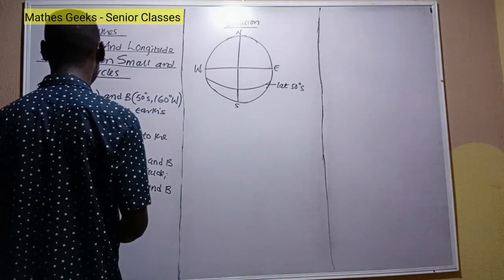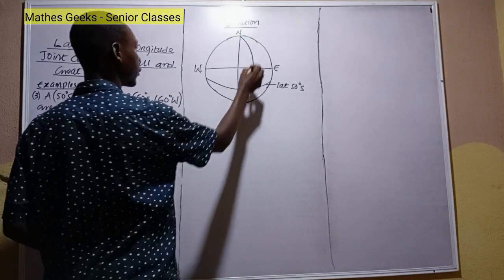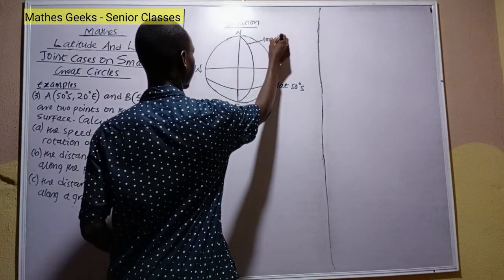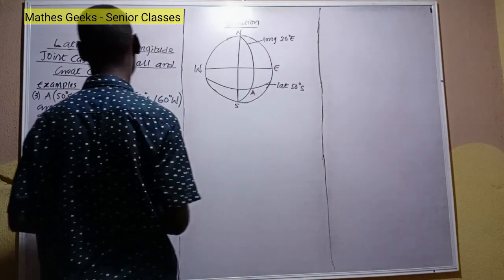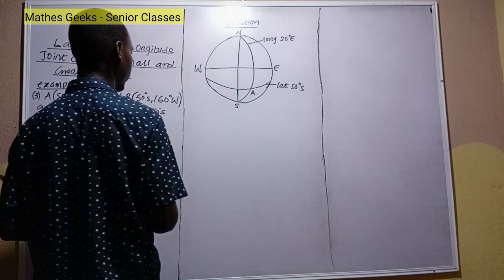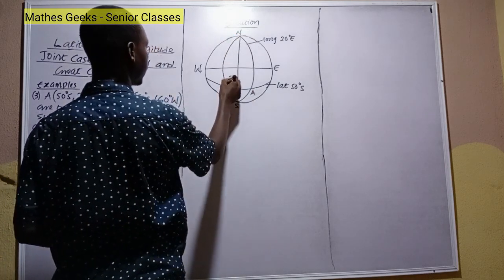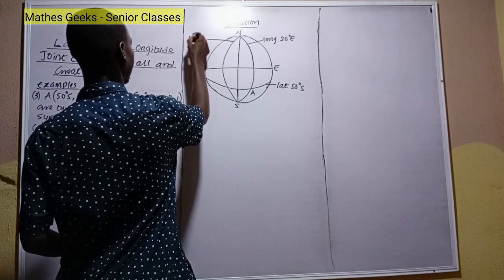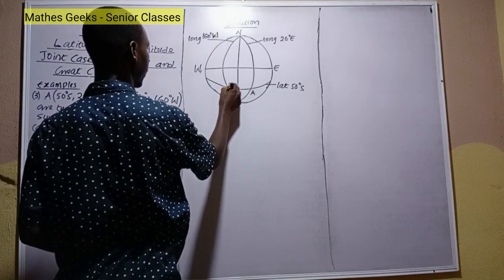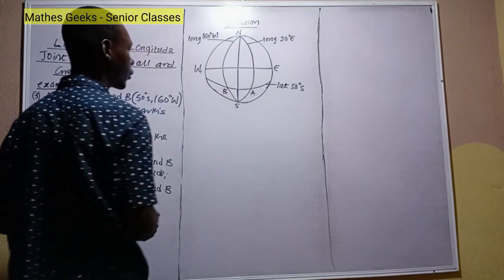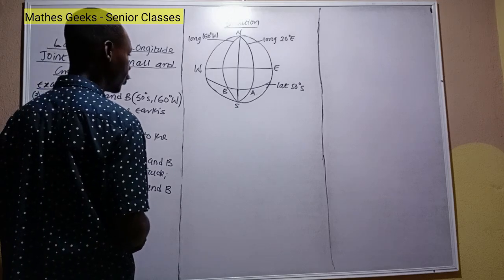And then to point A, 20 degrees east. Longitude 20 degrees east. So this is point A. Then point B, 50 degrees south, 160 degrees west. Longitude 160 degrees west. Point B. A and B are on the same line of latitude.